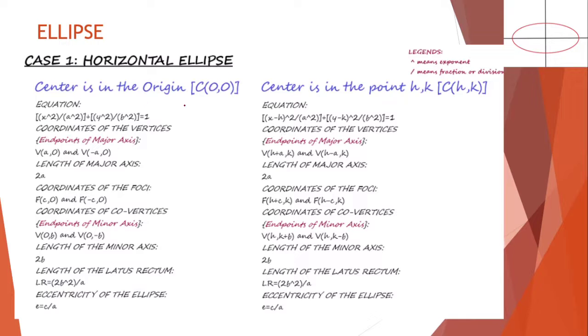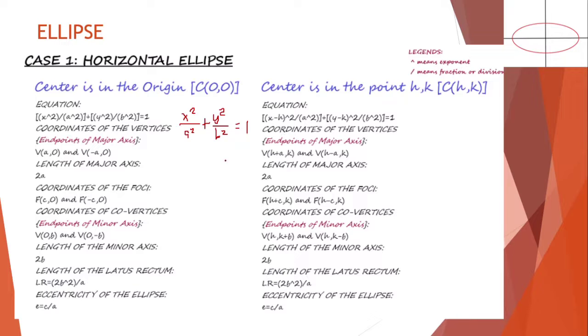Now, in its equation, sometimes PowerPoint has no exponent feature, so we replace it. The equation is x squared over a squared, plus y squared over b squared, all equal to 1.